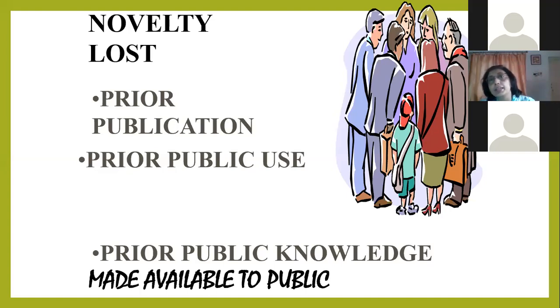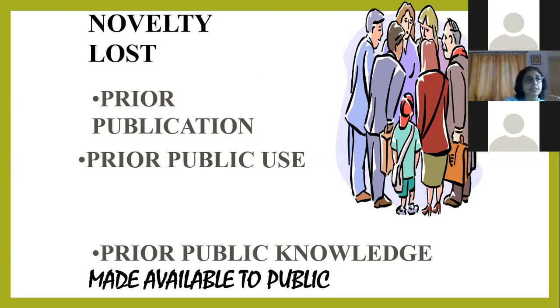That doesn't make it not available to the public, because people hardly visit that library or hardly read that paper or that compilation. So the criterion is it was available to the public. So even a single unfettered person who is aware of it can be taken as a publication, prior public knowledge.